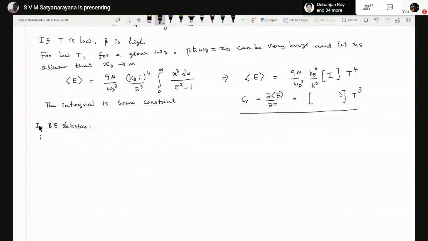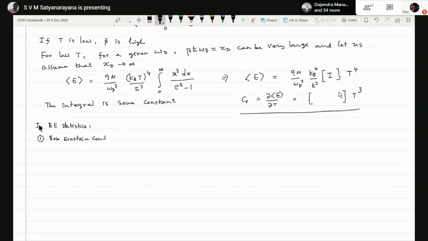The first was Bose-Einstein condensation. The second was the distribution of thermal radiation.